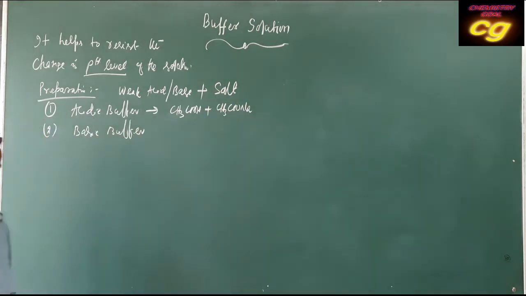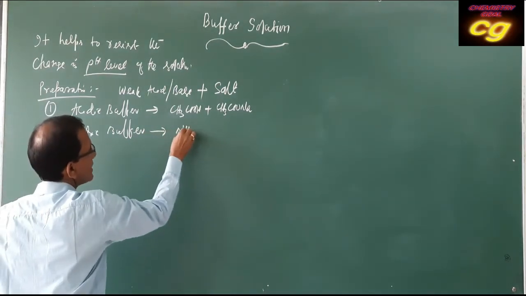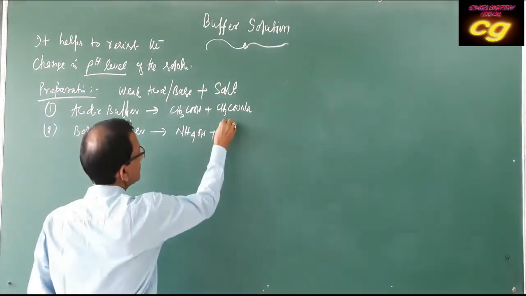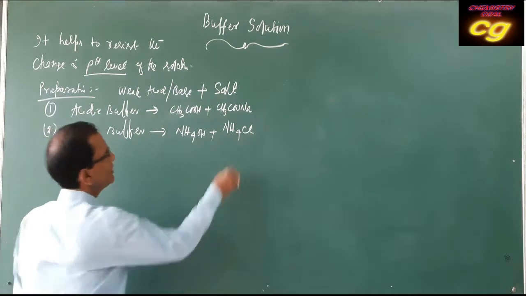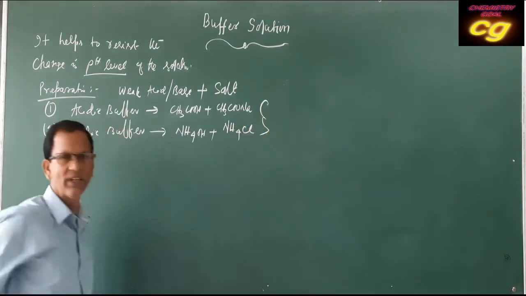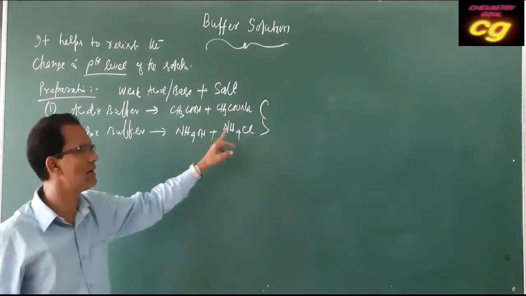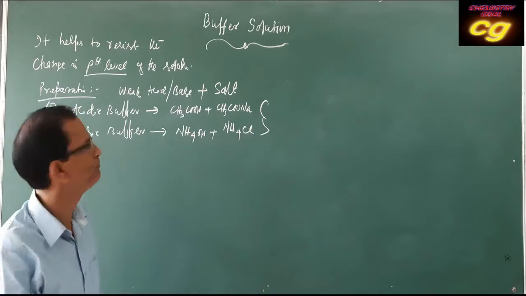This is called an acidic buffer. And for a basic buffer, let the weak base be ammonium hydroxide and the salt ammonium chloride. Always a weak acid and its salt, or a weak base and its salt, will be taken. That is called an acidic buffer and a basic buffer.